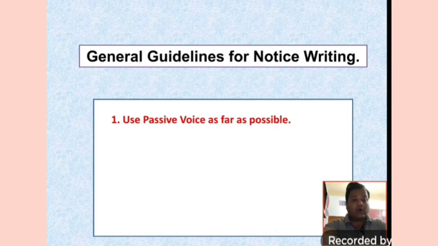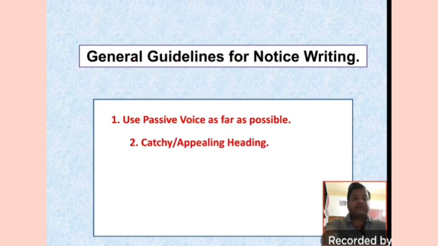Like it can be said, "all are requested", or "it is hereby informed". So, "is informed", that is passive voice. So, the passive voice should be used while writing a notice as far as possible.